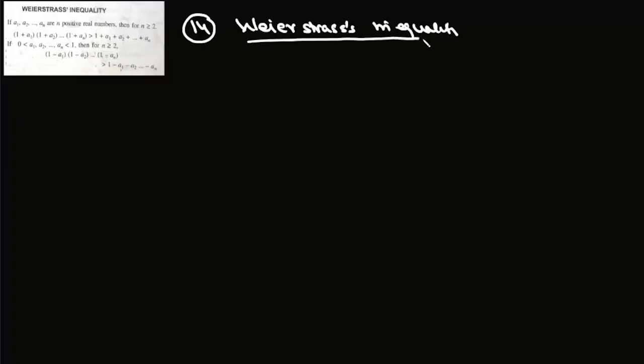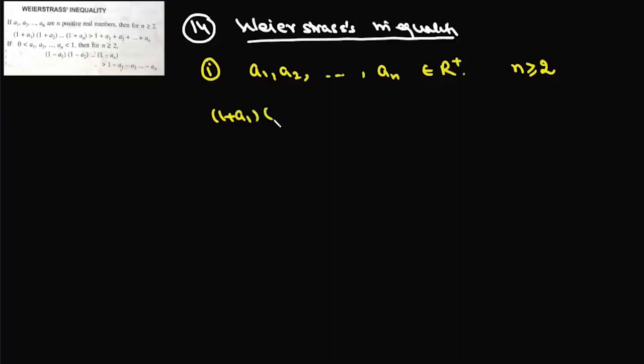Now there are two forms in this inequality that we use, and this first form is, if a1, a2 up to an are positive real numbers, then for n greater than 2 we can write (1 plus a1) into (1 plus a2) up to (1 plus an) will be greater than 1 plus a1 plus a2 up to an, which is very simple result.